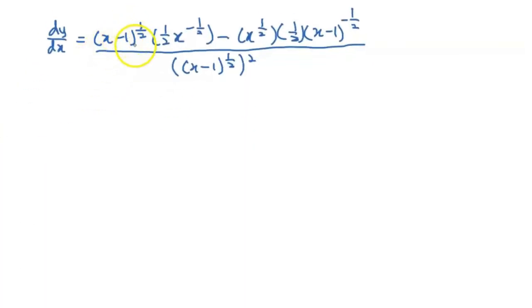Now, we are going to simplify our answer by factorizing out the common factor from the front part and from the back part.